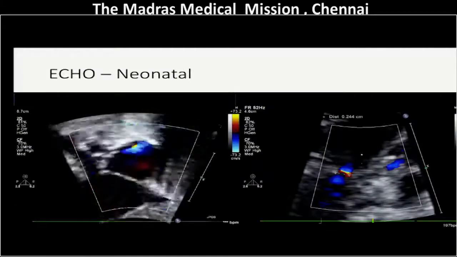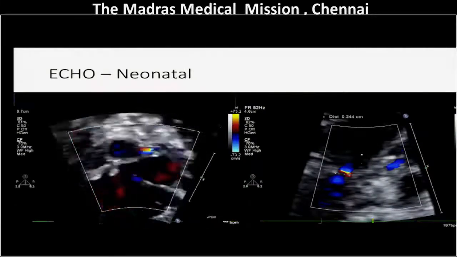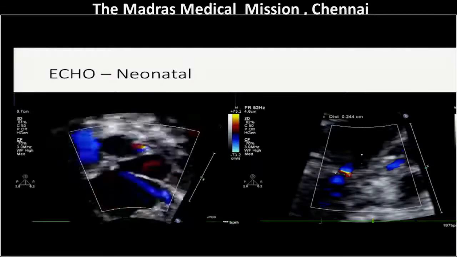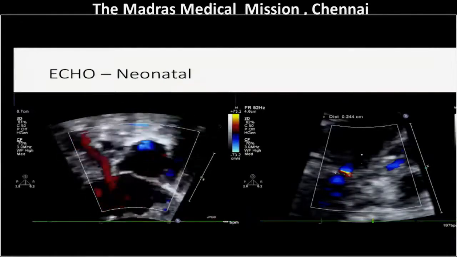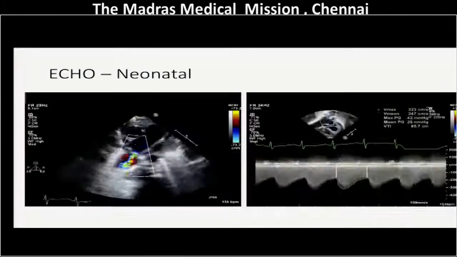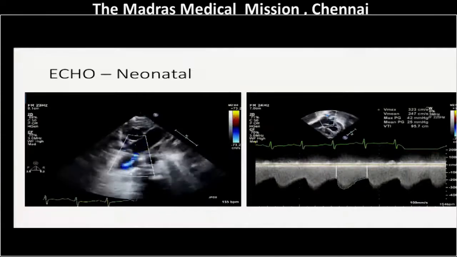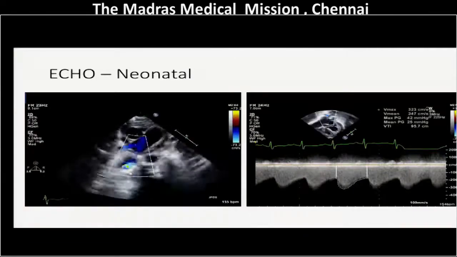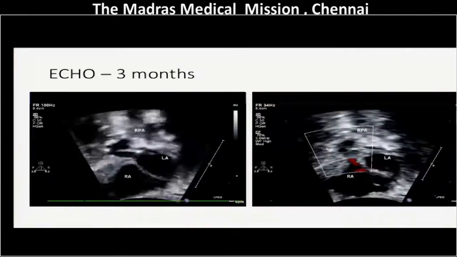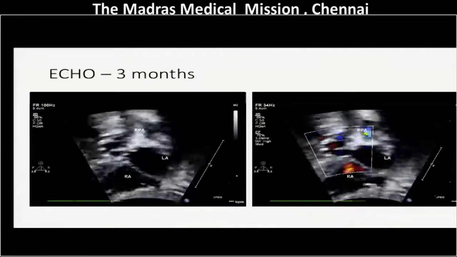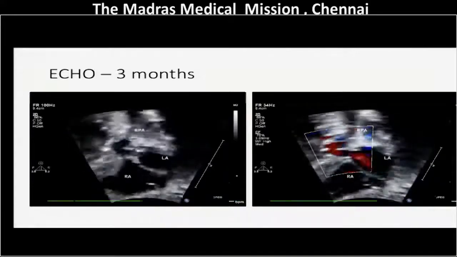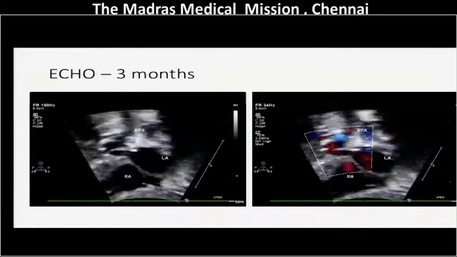A repeat echocardiography in the neonatal period, subcostal view, demonstrated this aneurysmal sac with a fistulous drainage of the RPA to the roof of LA with an orifice measuring about 2.5 millimeters. A gradient across this orifice was about 42 millimeters of mercury. A repeat echocardiography done at 3 months of age showed a dilated RPA and an aneurysmal-like sac which was draining into LA.